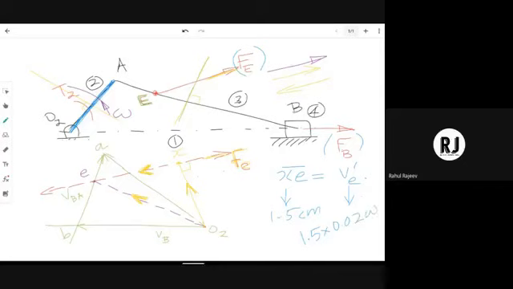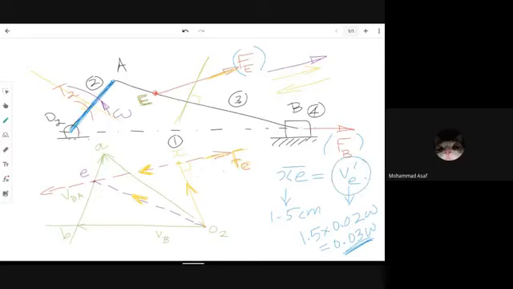What is the value? 0.03 omega. Omega will always be there because we don't know the value of omega, hence we have taken angular velocity as omega itself. So the value of V dash E is 0.03 omega meter per second.